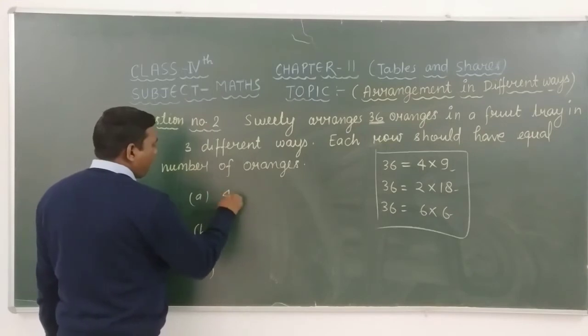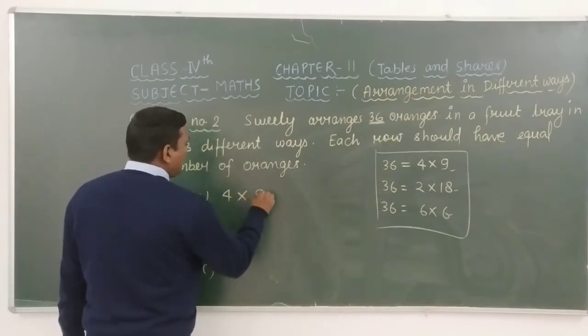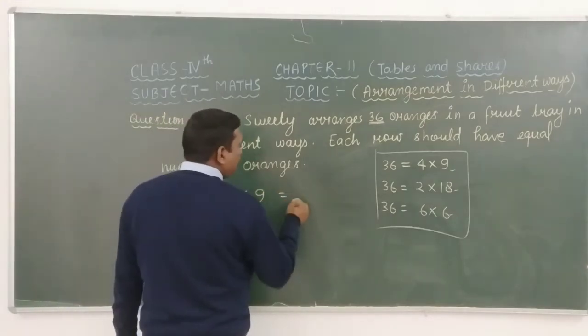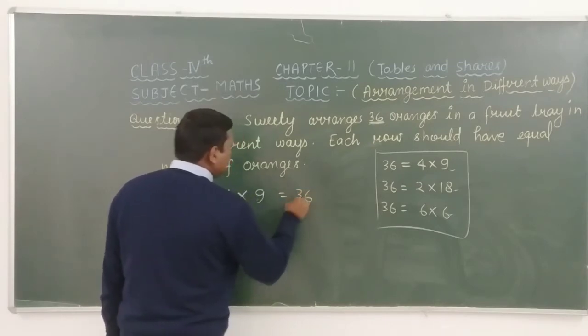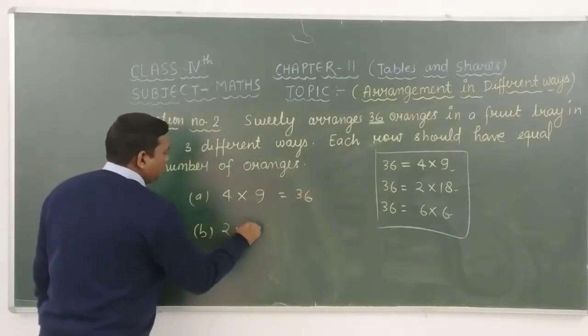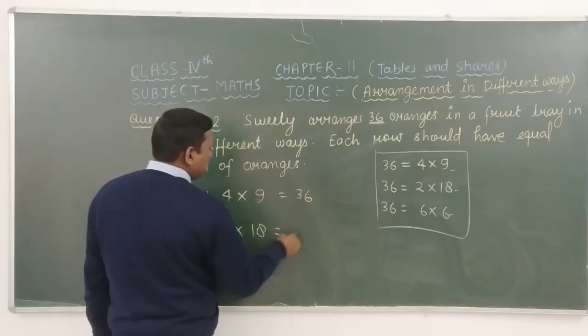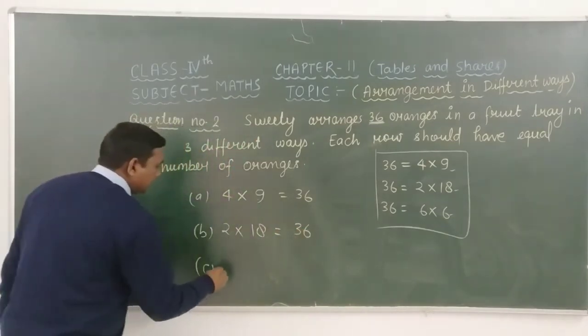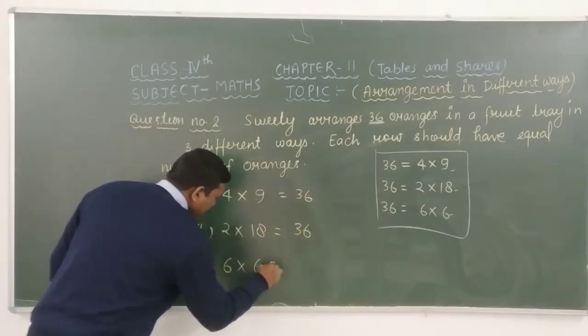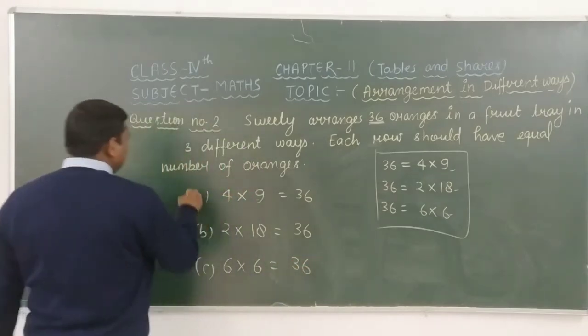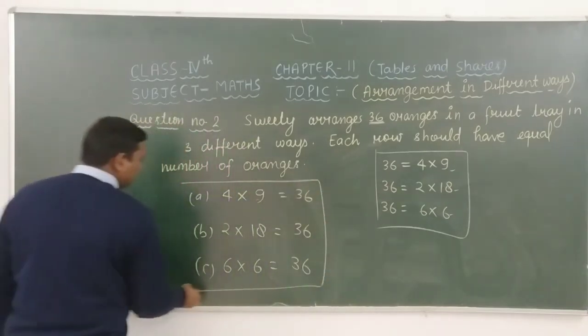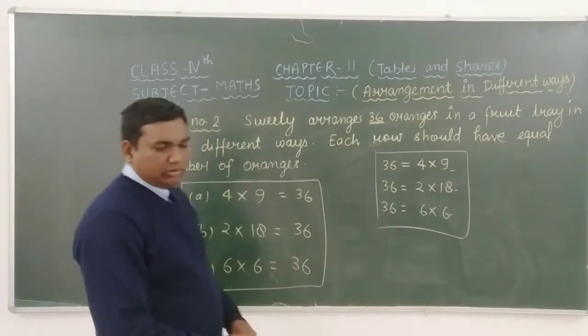If we take 4 into 9, 4 9 are 36, and 2 into 18, 2 18 are 36, and 6 into 6 is equal to 36. This is your answer.